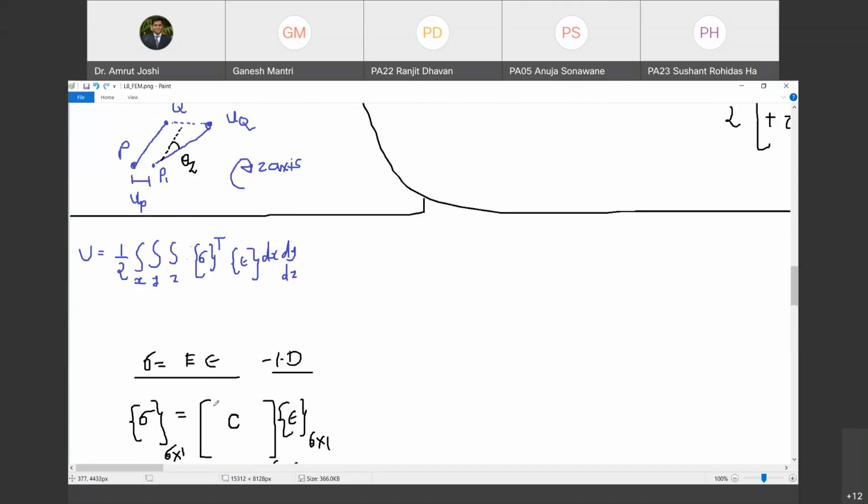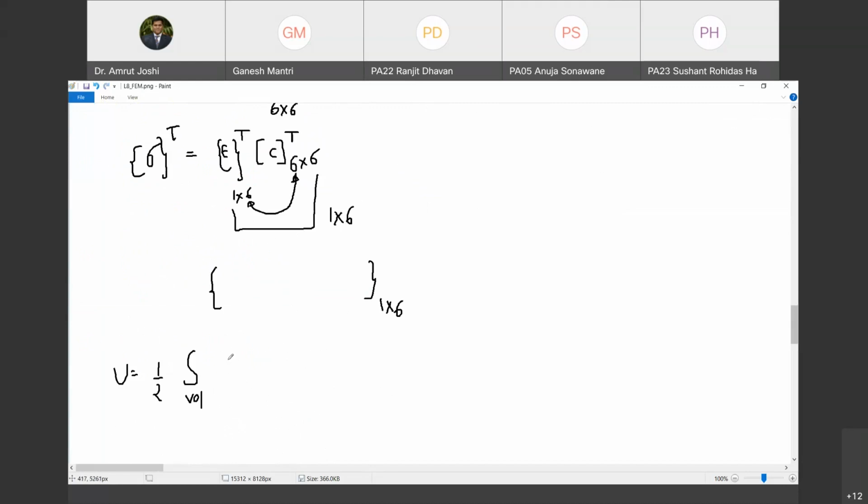You have to understand that it is a triple integration. Stress transpose, I am going to write as epsilon transpose C transpose, epsilon, dx dy dz.